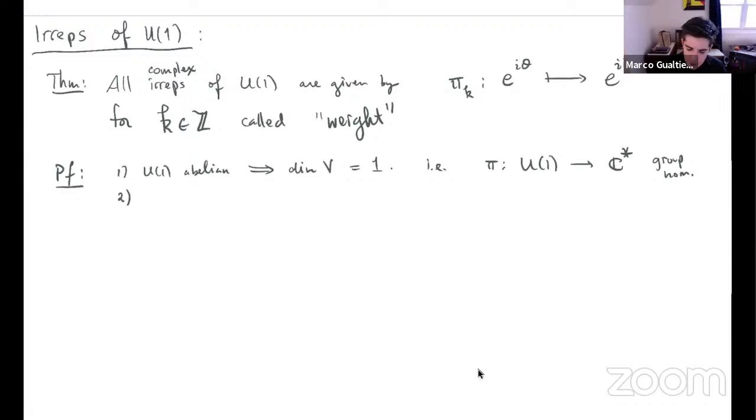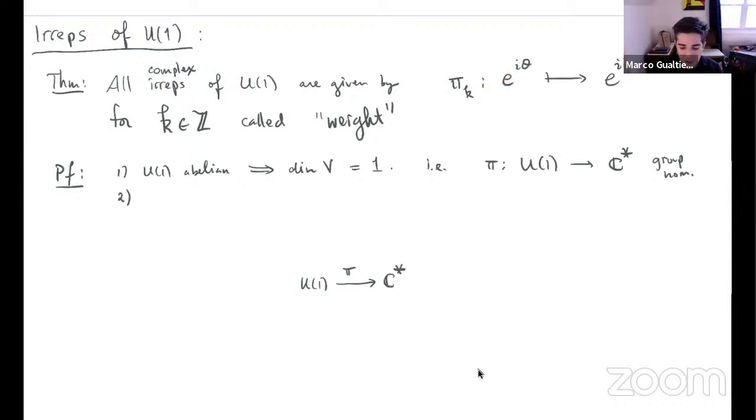Okay, now, so let me draw a diagram. There's going to be U1 here, the circle. There's going to be the representation to C star. Notice I did a kind of innocent little thing where I represented the element of U1 as the exponentiation of a purely imaginary number, right?